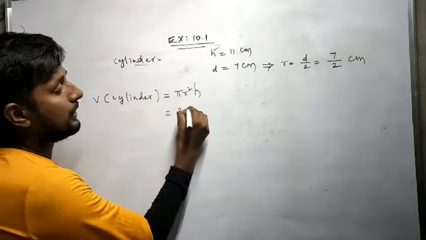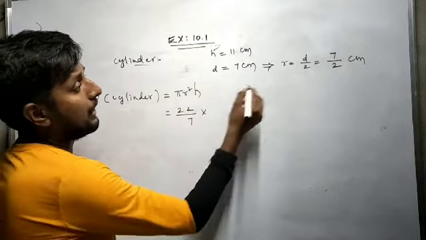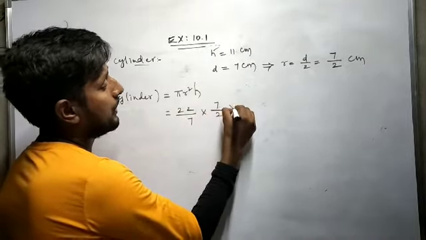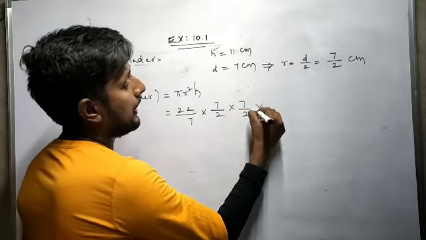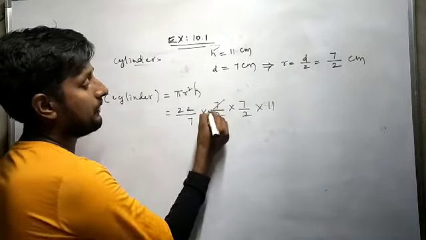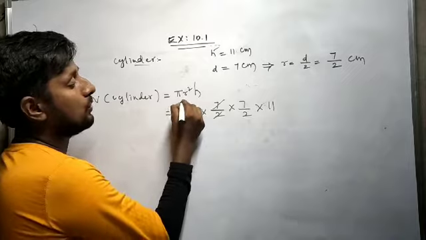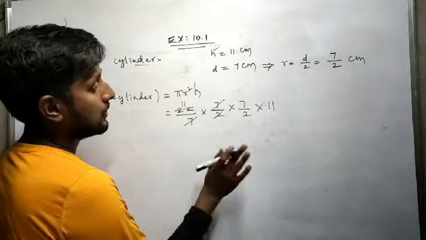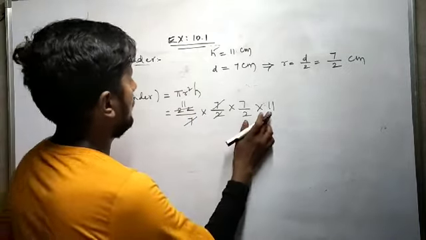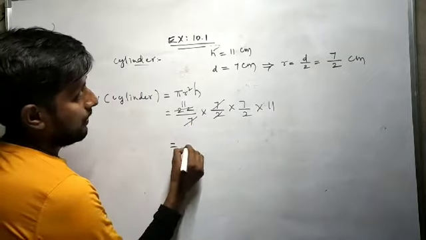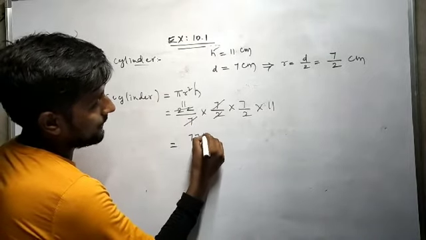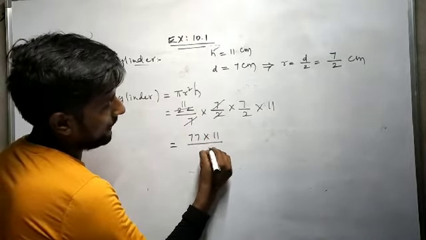Now 22 by 7, the r value 7 by 2 into 7 by 2, the h value 11. The 7s get cancelled. 2 ones are 2, 11 times. So what is left here? 11 sevens are 77, into 11 by 2.